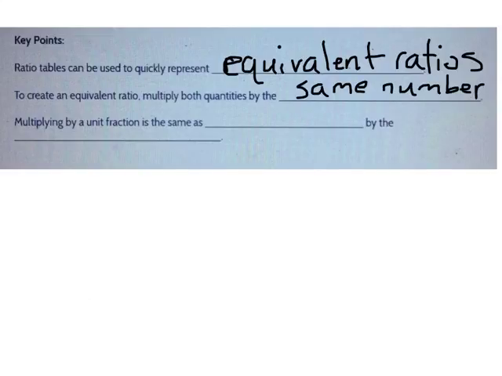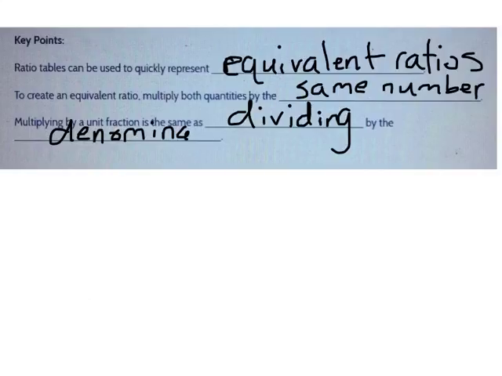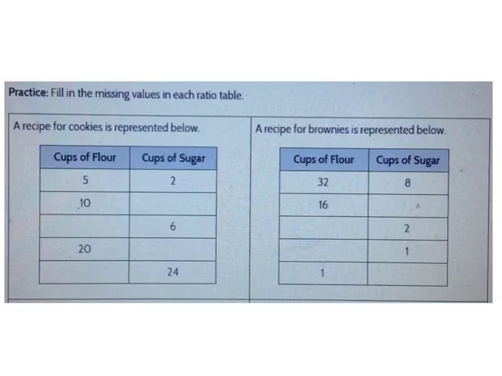And like we learned in our number talk, multiplying by a unit fraction is the same as dividing by the denominator. You can use this knowledge to fill out the ratio tables below.